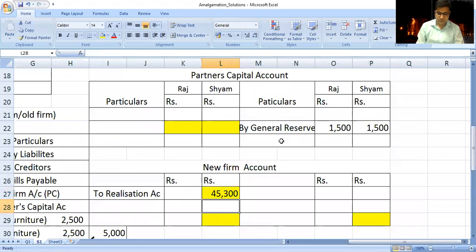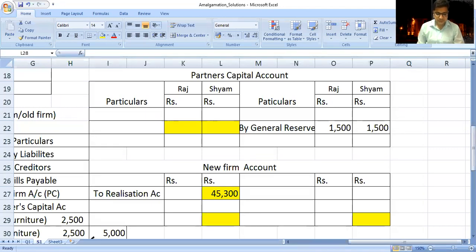After recording this, now next general entry in our books, transfer of losses also over. Now assets sold, if it is not taken over by the new firm, entry will be cash or bank account debit to realization. But such kinds of information is not available.